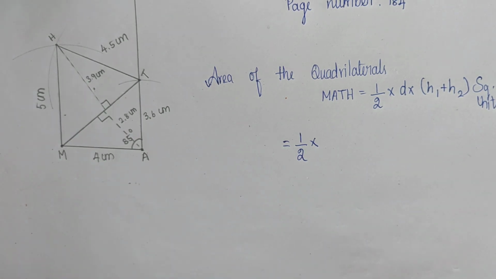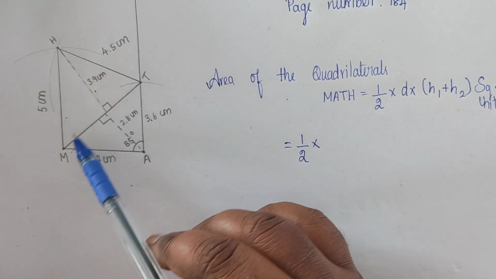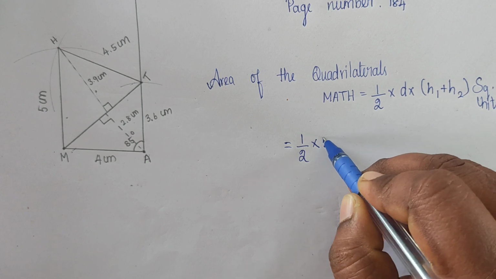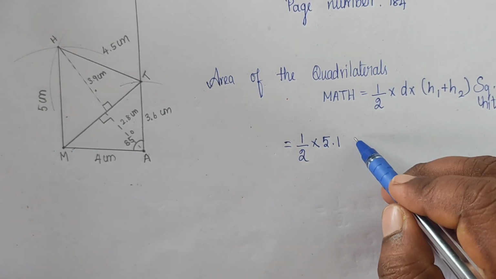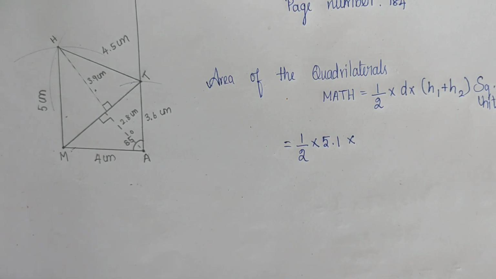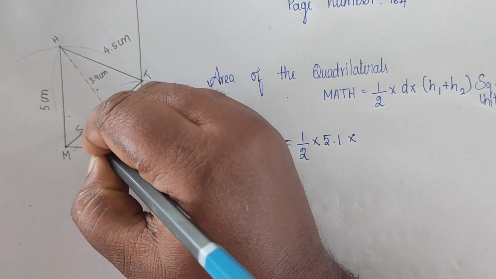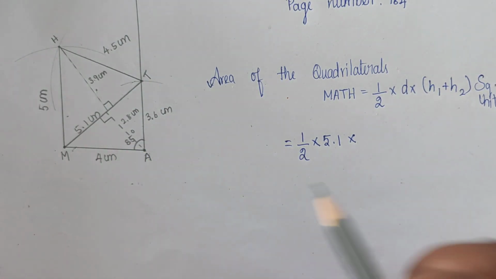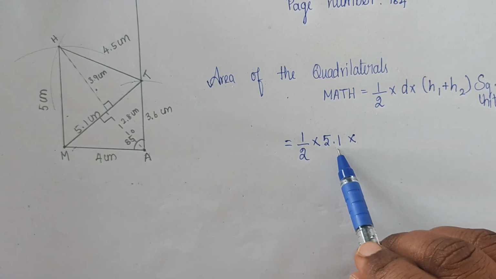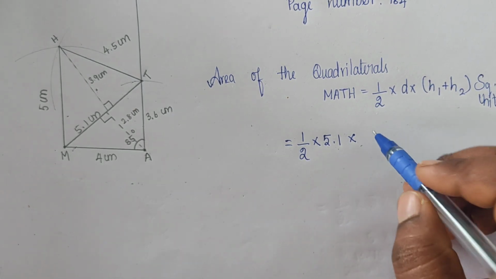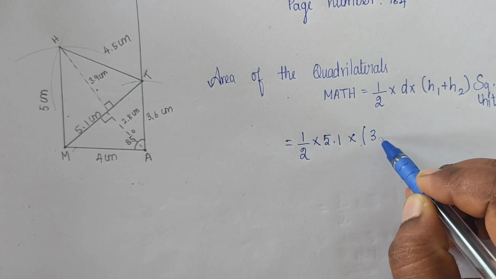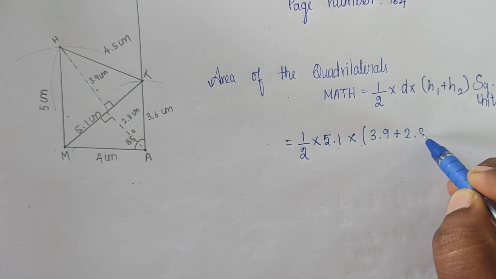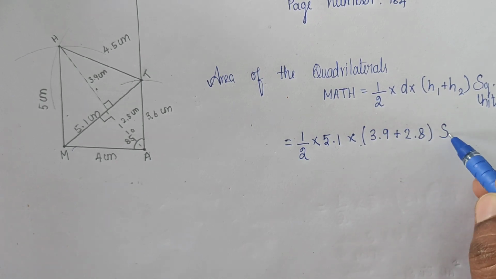How? Yes, this MT is 5.1 centimeter. So 5.1 into. Students, write this diagram using pencil. 5.1 into h1 is 3.9 centimeter plus h2 is 2.8 centimeter square units.